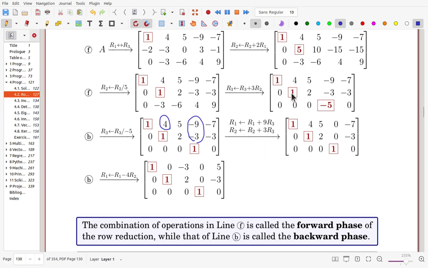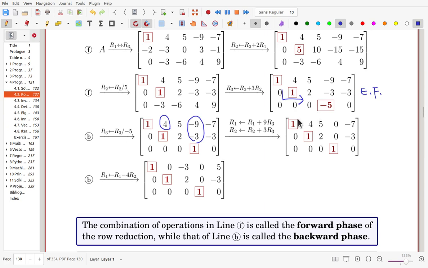And then we reach this echelon form. So through this forward phase, in the down and right direction, we eliminate and reach this one, that is the echelon form. This phase is called the forward phase.